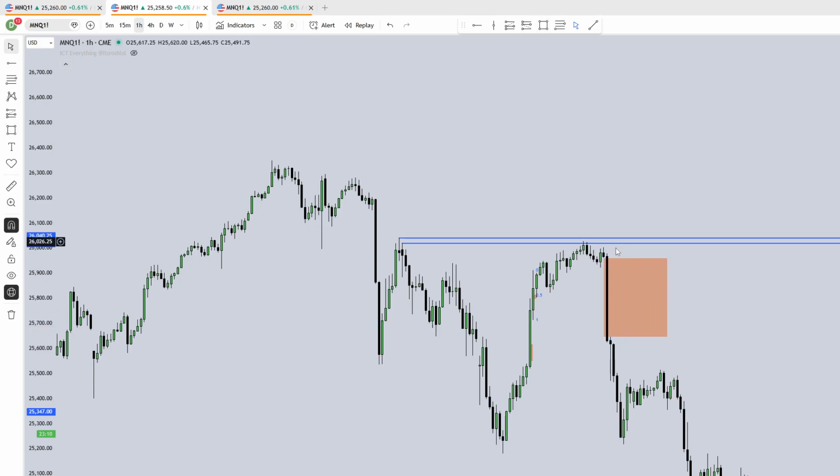I'm going to go down to the M5 and scan this imbalance. If we're going long into this internal, I can target an M5, maybe a small fair value gap within that. So that's how you can use the premium discount on the M5 within internal range liquidity and external range liquidity.